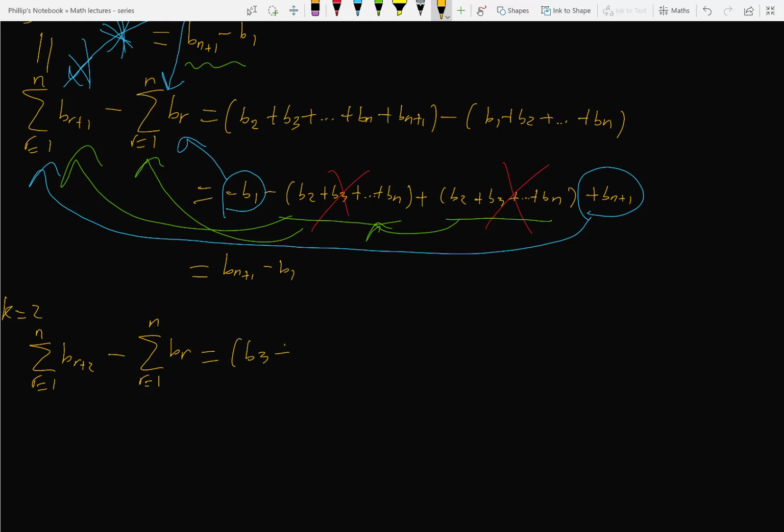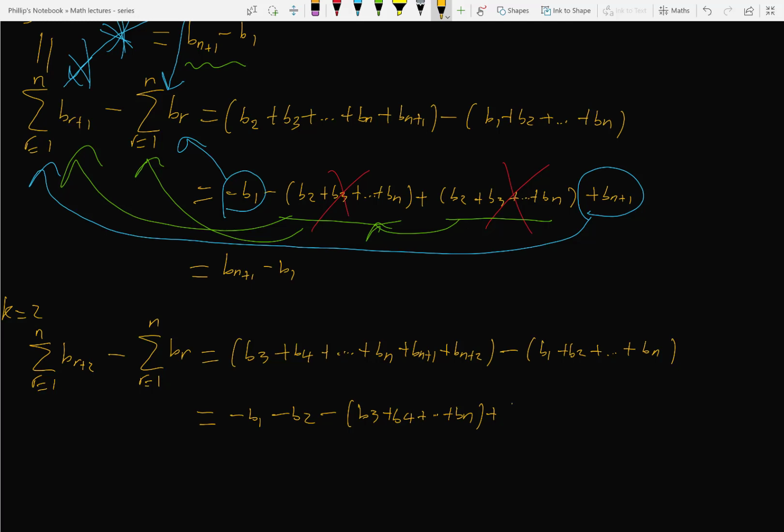b3 plus b4 plus ... bn plus b(n+1) plus b(n+2), minus b1 plus b2 plus ... bn, and again what we're going to have is minus b1 minus b2 minus b3 plus b4 plus ... bn.